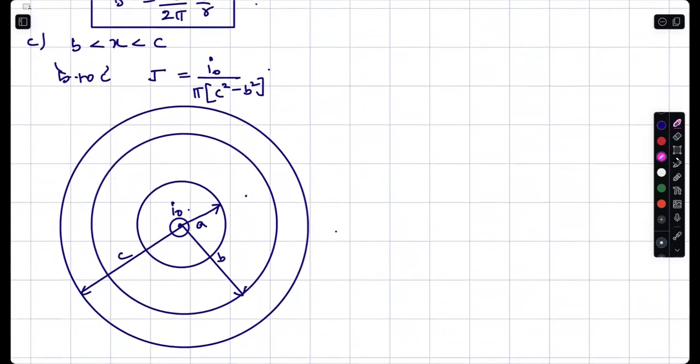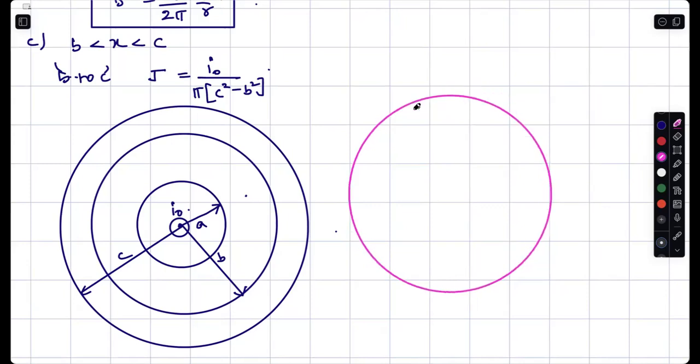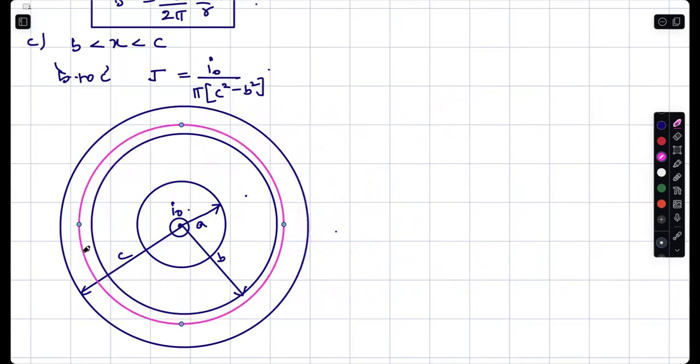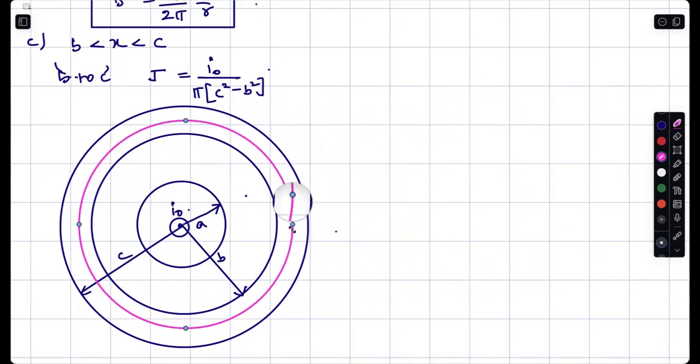My worry point is that's my worry point.